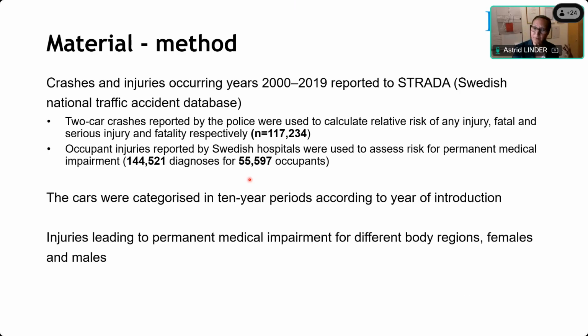A reminder of the amount of data in this study: it's more than 100,000 two-car crashes, nearly 150,000 diagnoses and over 50,000 occupants. So this is the scale of the material here.